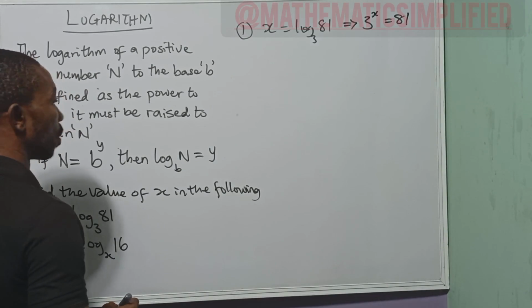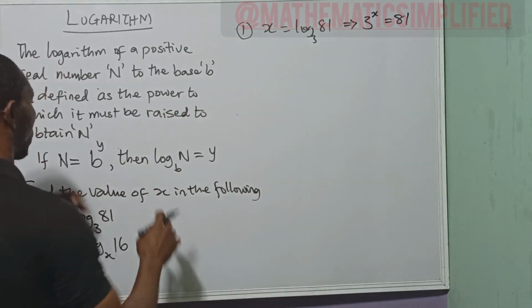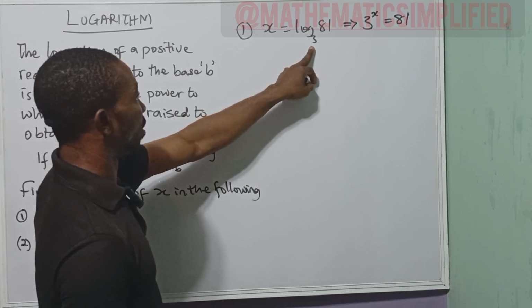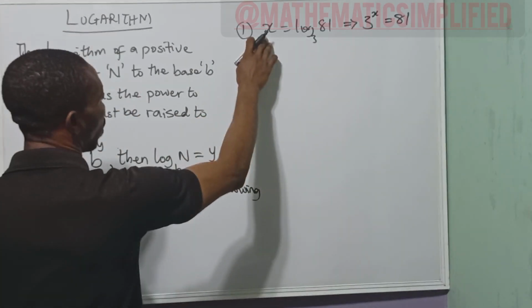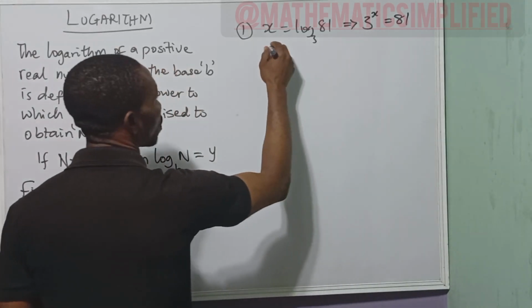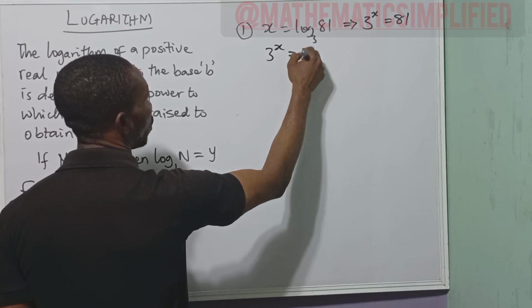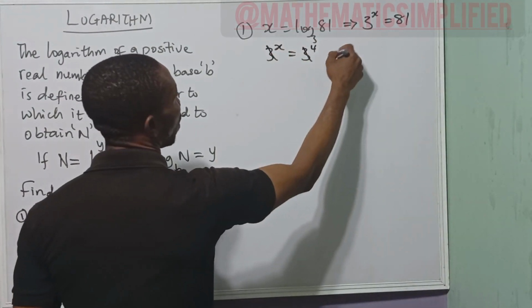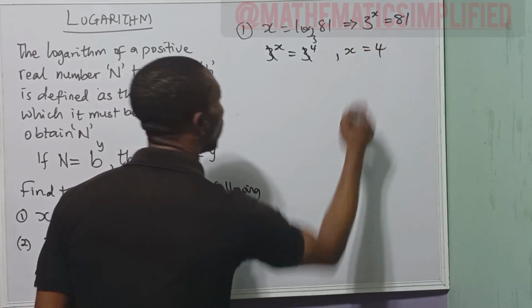Now this gives us 3 raised to power x equals 3 raised to power 4. Cancelling our bases, x equals 4.